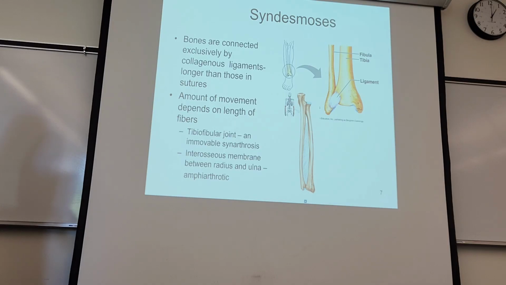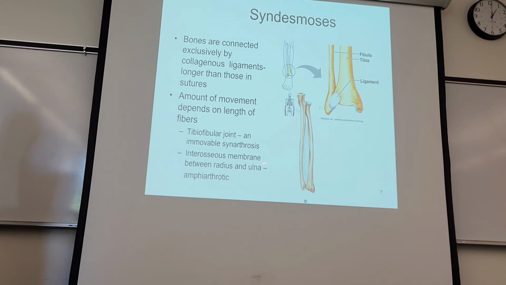There's no movement there. It's providing structural stability between the two bones, and structurally it's considered a syndesmoses, but motion-wise, functionally, it's considered synarthrotic because there's no movement. So for each joint that we're listing, make sure you know the structural classification and the functional classification.